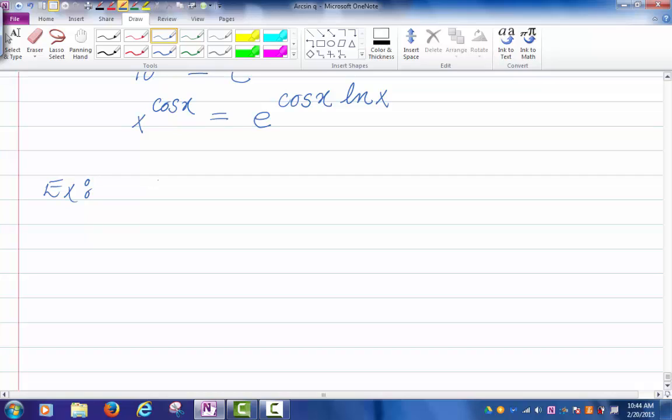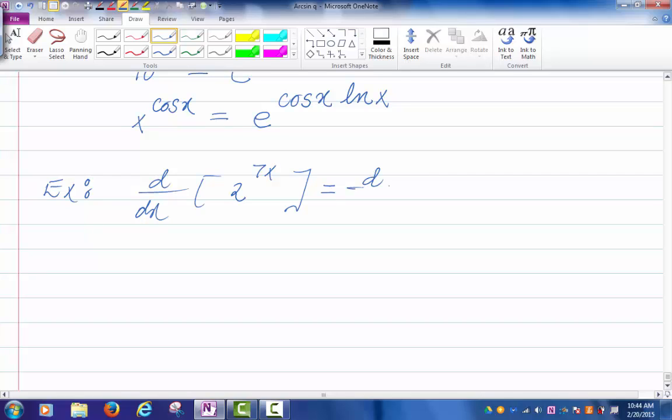Okay, very quickly, what's the derivative of 2 to the 7x? What's that derivative? Anyone? Okay, if you don't remember the formula for 2 to the power x, what should you do?